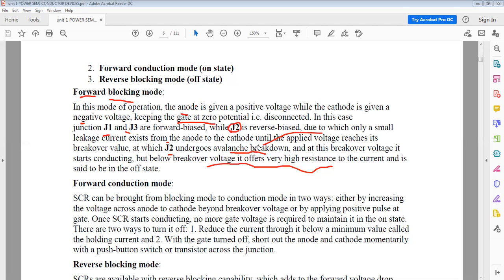What we have to remember here is that J1 and J3 are forward biased because the anode is given a positive voltage while the cathode is given a negative voltage, keeping the gate at zero potential. Zero potential means the gate is open circuited, not connected to the source. Now let us go to forward conduction mode.